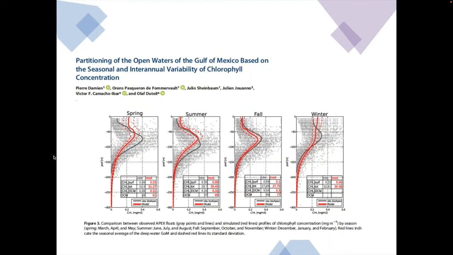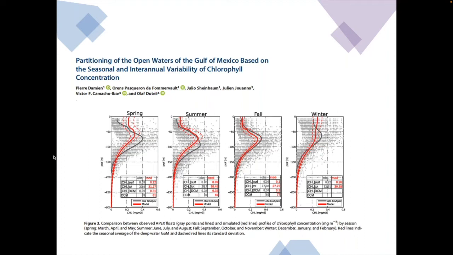Well, first was to try to see if we could reproduce, more or less, the observations in the Gulf. So we did a lot of tuning, and you can look at the work in this first paper that came out of the analysis. And what you see in these pictures is the distribution of chlorophyll in the vertical.